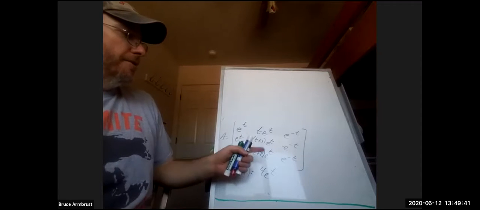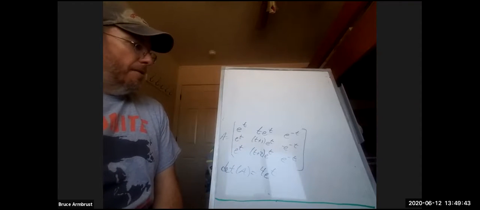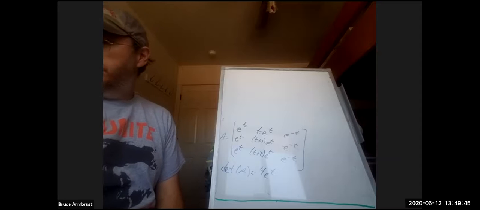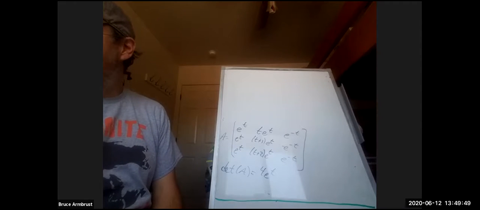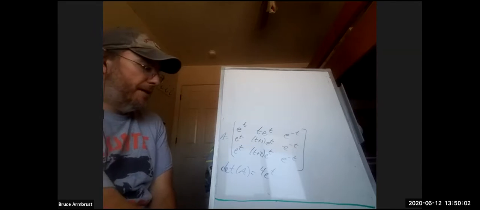Because right now with all those e to the t's, it's kind of ugly. But notice every single one of those, we can factor out an e to the t, right? So we could factor out e to the t's, we could factor out e to the minus t's. We can do that to help us out a little bit when it comes time to calculate these things.